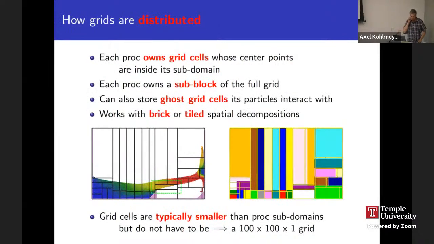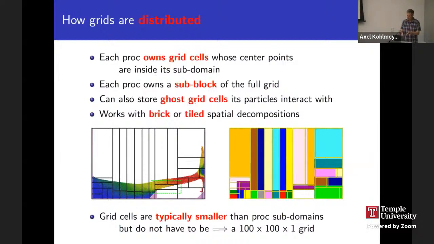So what do we mean when we say the grids are distributed? Well, the basic idea is simple. Each processor owns grid cells within the grid whose center points are inside its subdomain. Because of the way we've defined subdomains, with this rectangular tiling, parallelepipeds in 3D, each processor essentially owns a subblock of grid cells within the full grid.